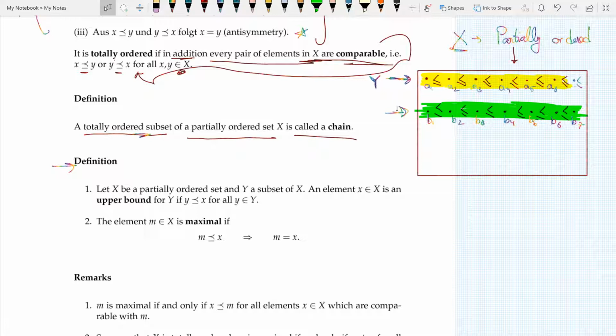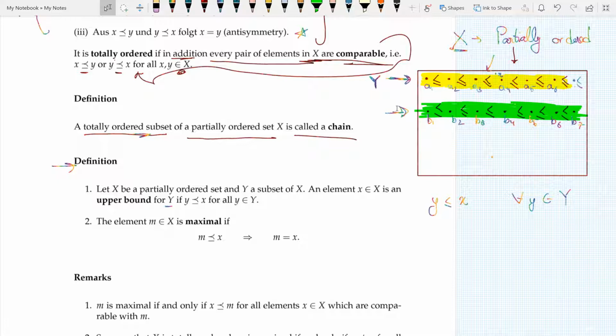Now, an upper bound for Y is some x. So there is some element in my capital X such that I can do this operation, that y is less than or equal to x for every value of y belonging to capital Y.